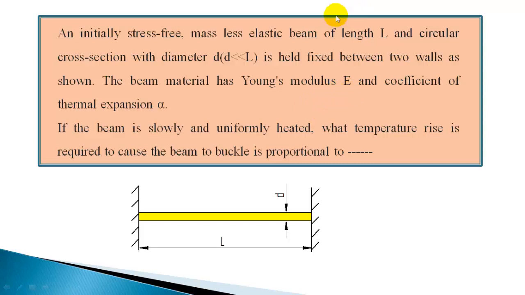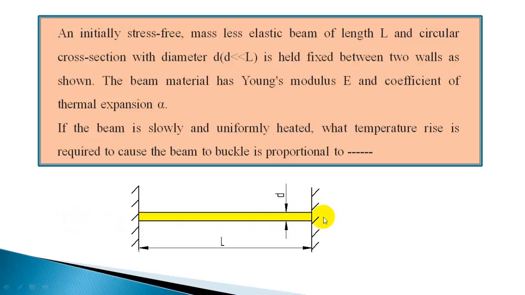You are given the length, diameter, Young's modulus and the coefficient of thermal expansion. These values are given. So the stress induced is alpha delta T E. Once you know the compressive stress induced, you can find the compressive force which is trying to compress the bar.